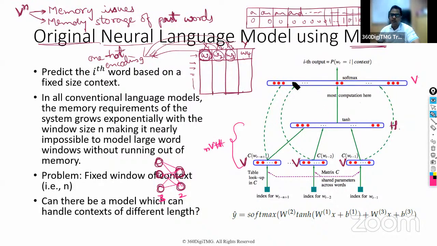And every neuron would give you an output, which will be the probability value. Okay, every neuron will give you the probability value as output. And you will take that word which has the highest probability. And the number of weights here will be equivalent to VH.